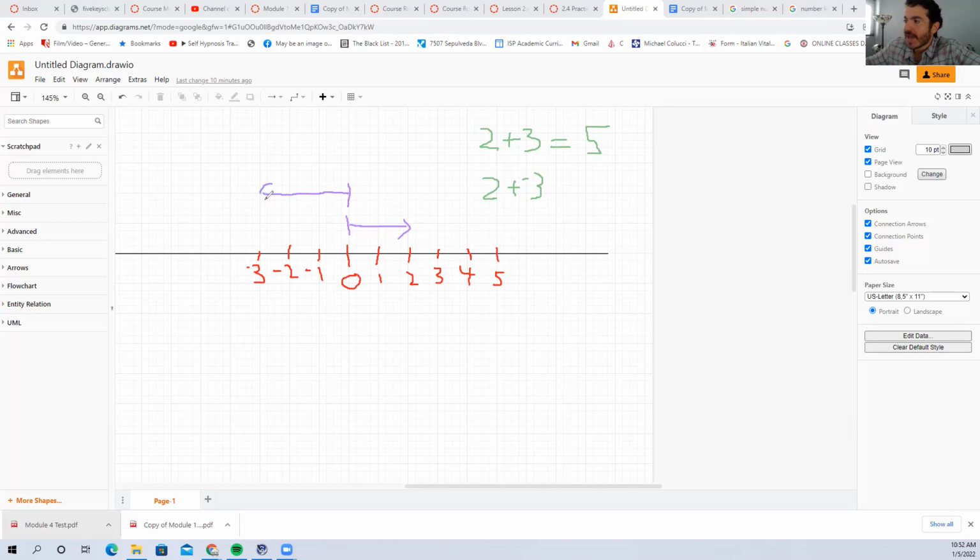Now I'm going to do the exact same thing. I'm going to take the tail of it and move it to the head of this, and preserve its length: 1, 2, 3. I'll erase it from here so it's not confusing. And here's my answer: negative 1. We're going to do a few more on the number line, and then look at a couple of different ways in which we could solve this.